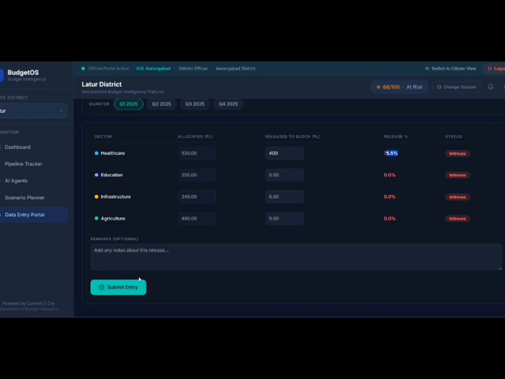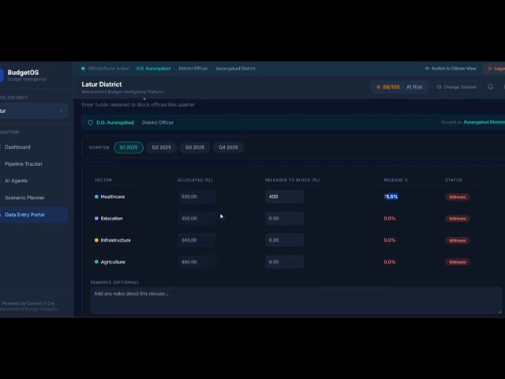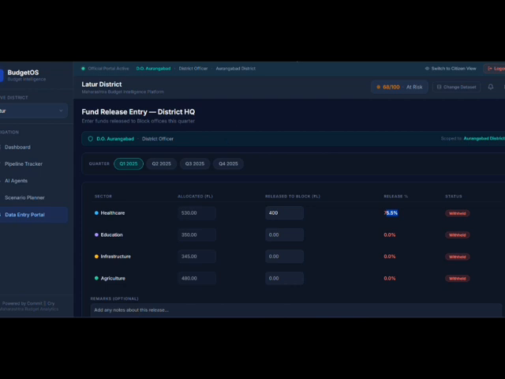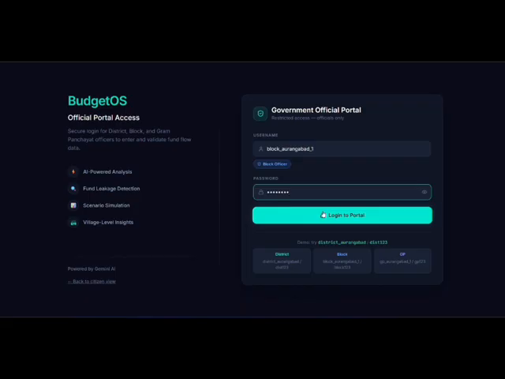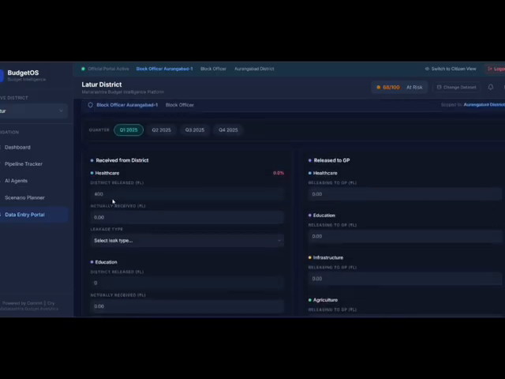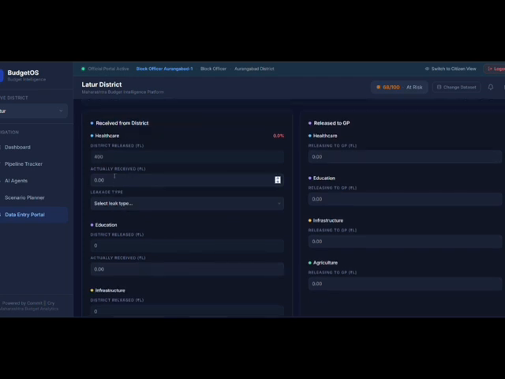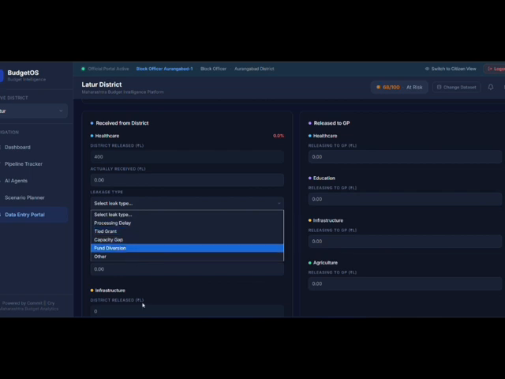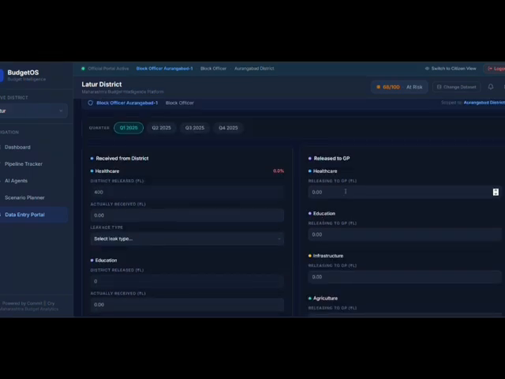Now let's see what the block officer is logging for the same district. We can see that 400 was released from the district office. Now the block officer can type how much he actually received, and also how much he is going to use for this transfer.